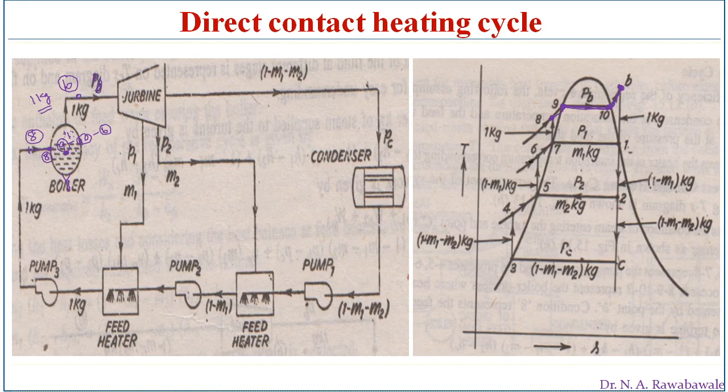In this turbine, 1 kg of steam is expanded from pressure PB to pressure P1. Only 1 kg of steam is doing work between point B and 1, and it is expanded isentropically between B and 1.